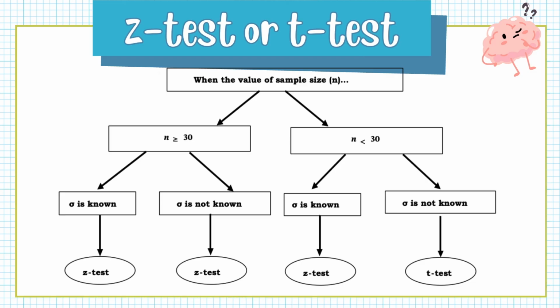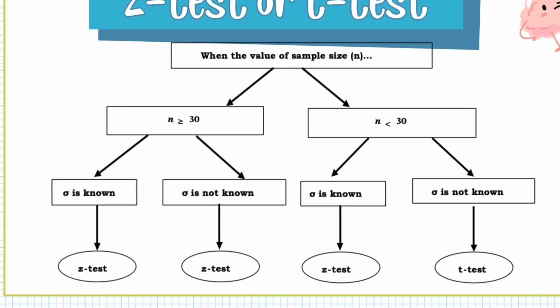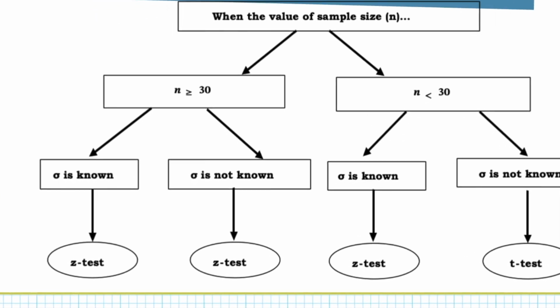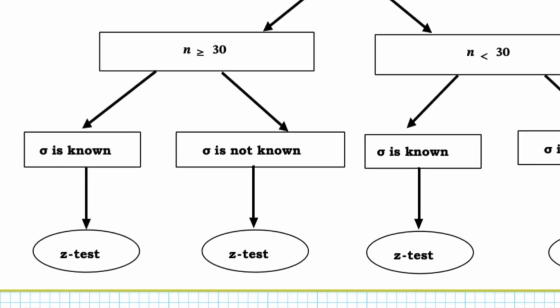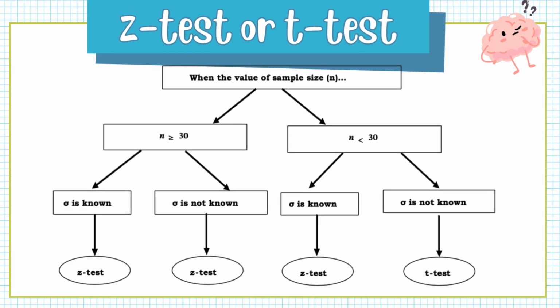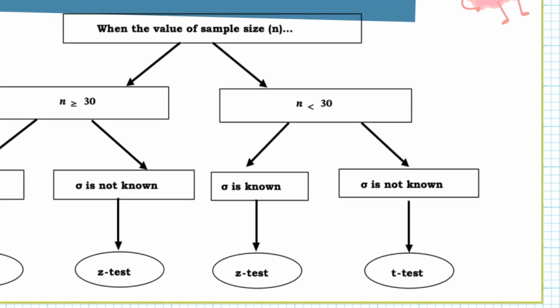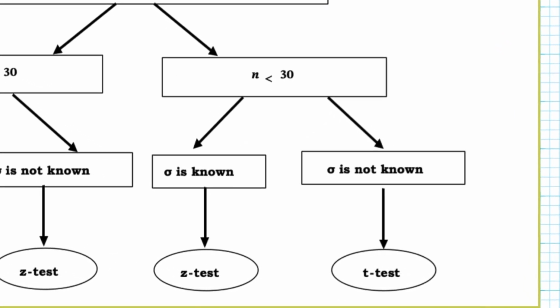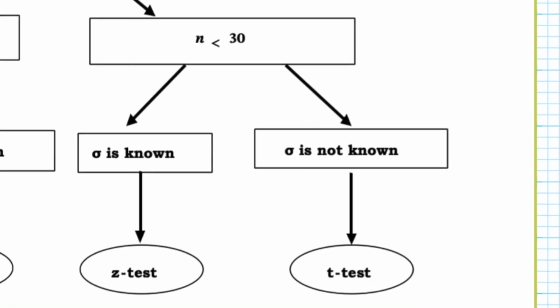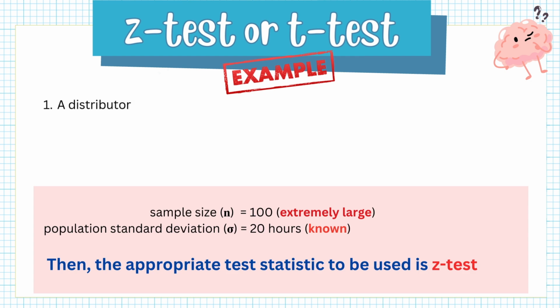We can also use the z-test even if our n is less than 30, as long as the population standard deviation is known. But if the population standard deviation is not known and our n is less than 30, we are going to use a t-test.